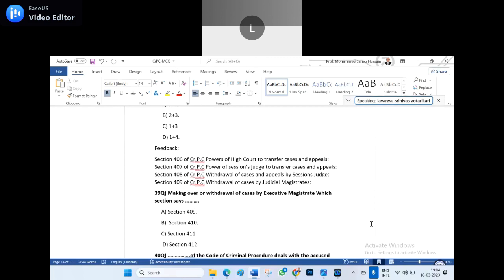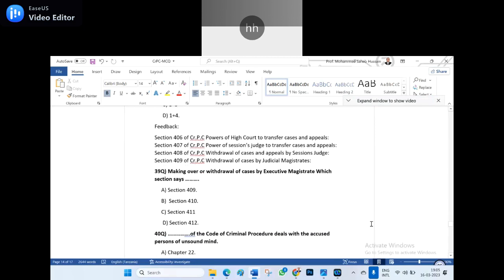Option A 409, option B 410, option C 411, option D 412. 411 C. Wrong. Sir, section B, 410, I think, sir. 410 is the right answer. B is the right answer. Making over or withdrawal of cases by the executive magistrate, which section says it? It is section 410.